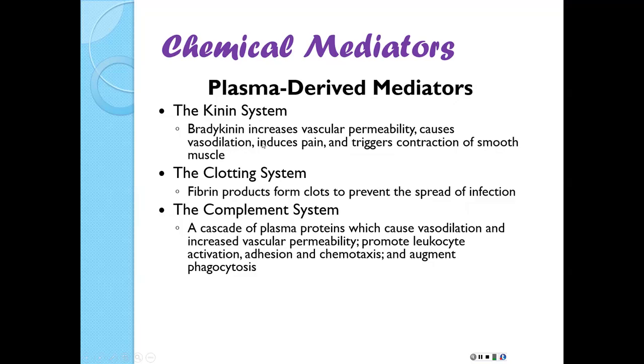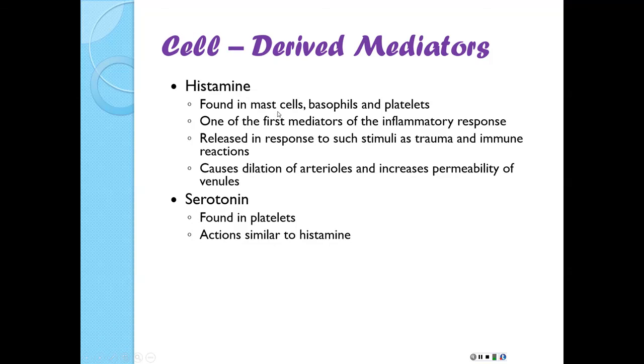And again, these are the plasma derived. Here are your cell derived. You have the histamine, the serotonin. They have some similar actions, so there's not a huge difference between the two. Whatever actions that histamine has, serotonin actually has the same actions with regards to acute inflammation. There are other responsibilities of serotonin elsewhere, but I'm looking only at its role here in the acute inflammatory response.